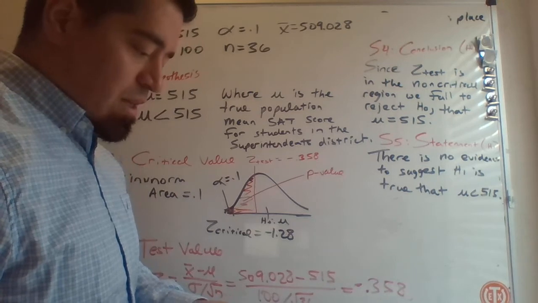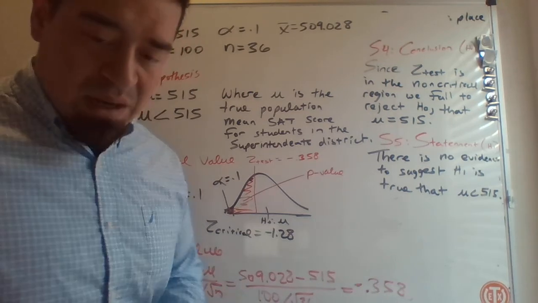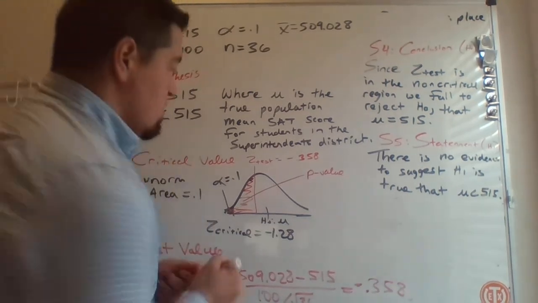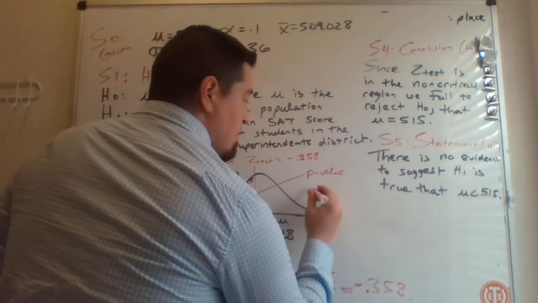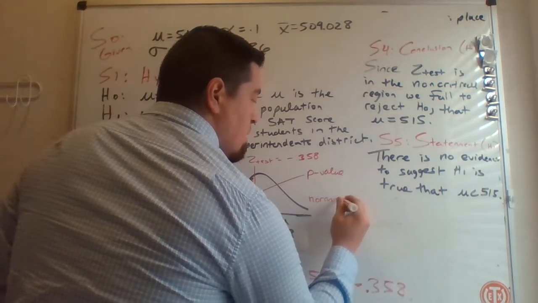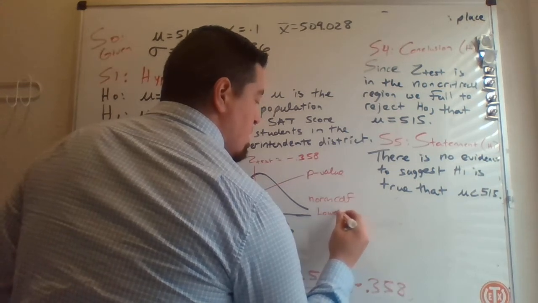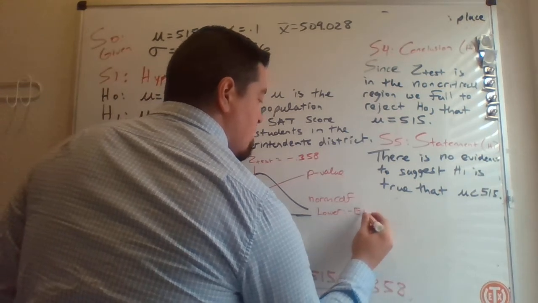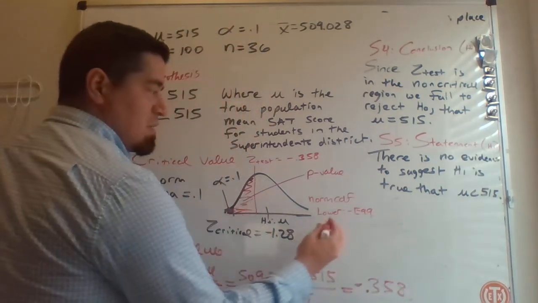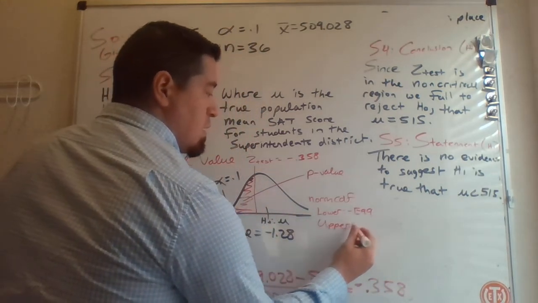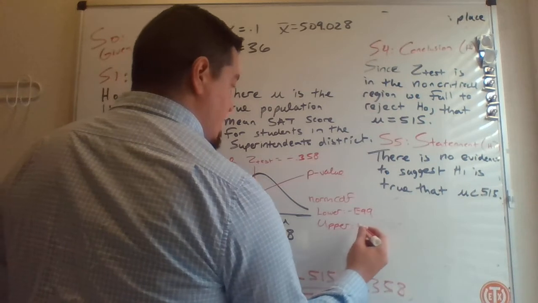We're going to do normal CDF from the lower bound, negative infinity, to the upper bound, negative 0.358.